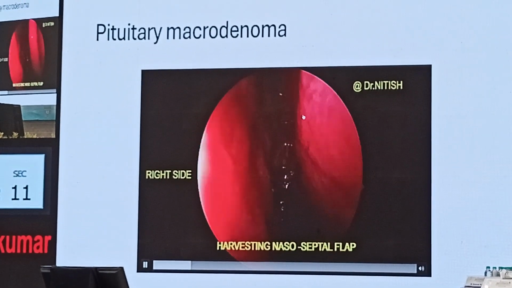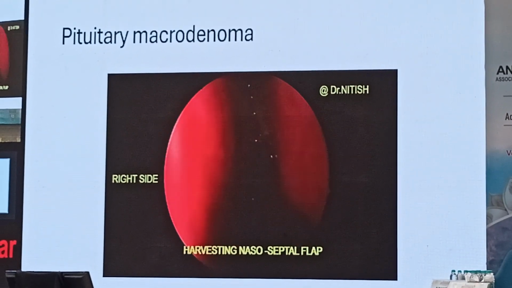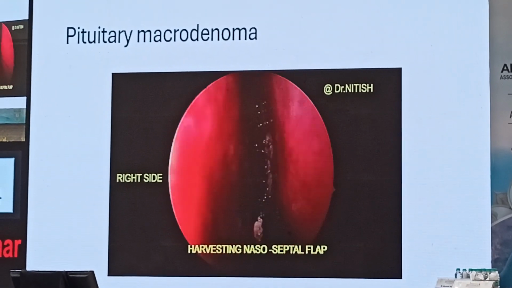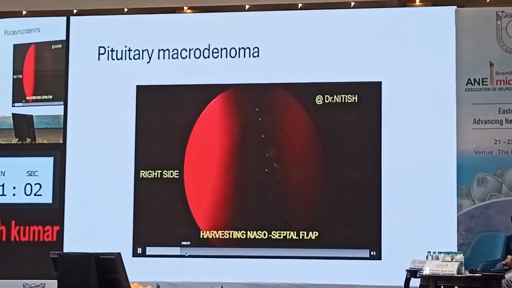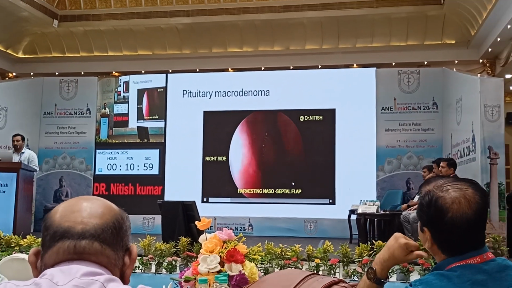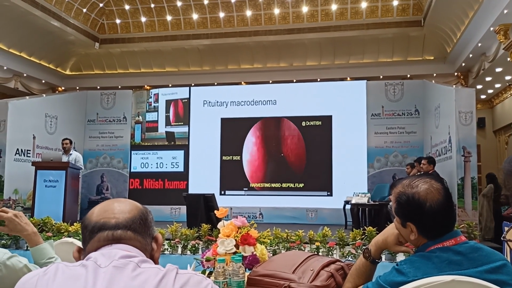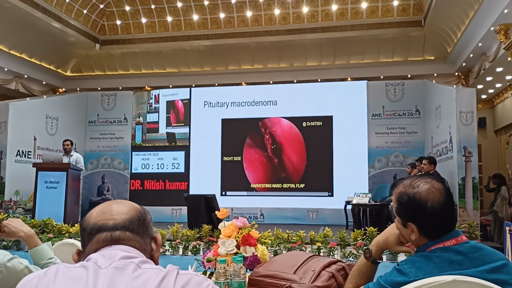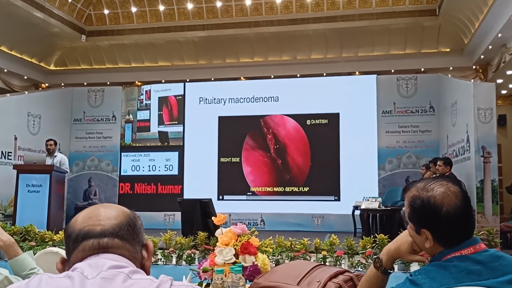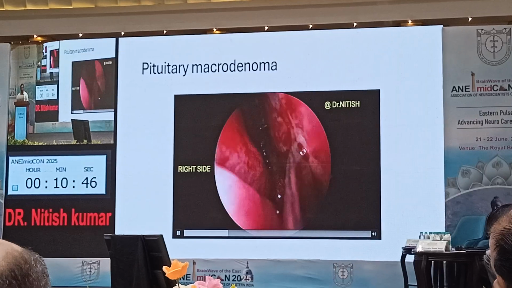This should be at least 2 cm below the roof because that region contains the olfactory bulb. Once the superior and inferior cuts are made, then the anterior cut is made, and this flap is gradually raised and reflected into the fossa.